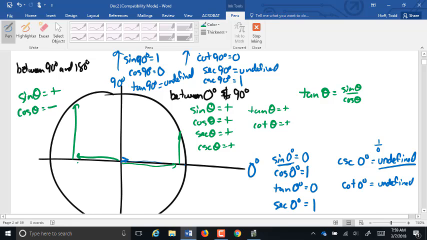And that's cosine. So if sine is positive and cosine is negative, tangent has to be, what's a positive divided by negative? Negative. Cotangent then has to be 1 over a negative. It's going to be a negative. Secant has to be negative because it goes off the cosine. Cosecant is positive because it goes off the sine.